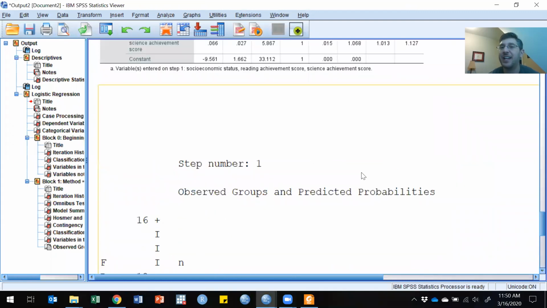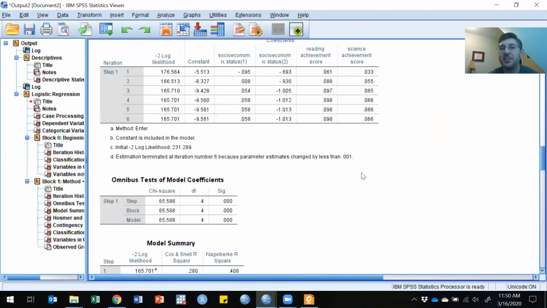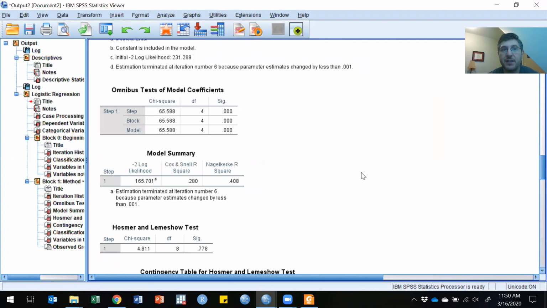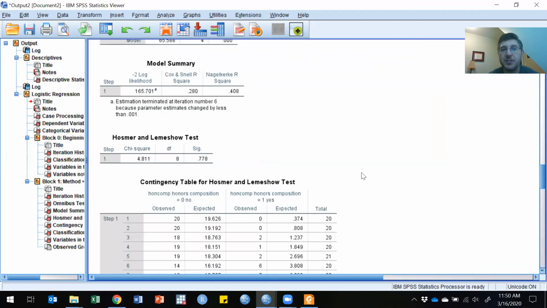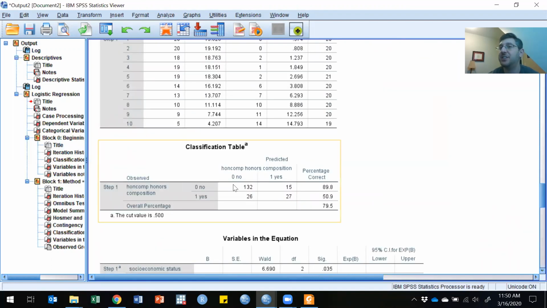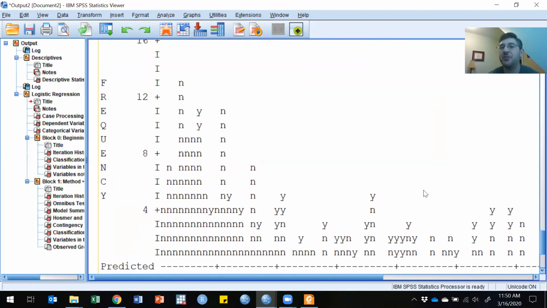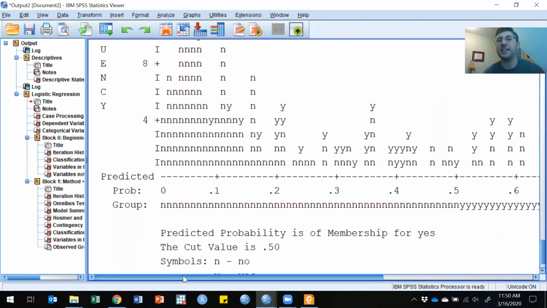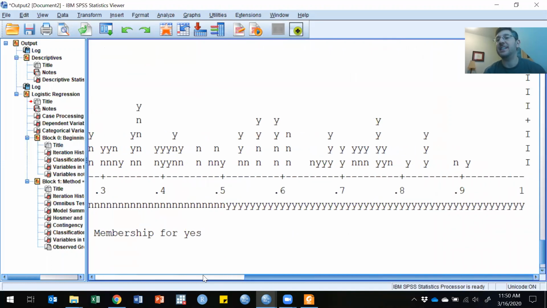This classification table is really just a visual representation of how well your model predicts. What you're going to want to see is a bunch of Y's over here on this side above the 0.5.